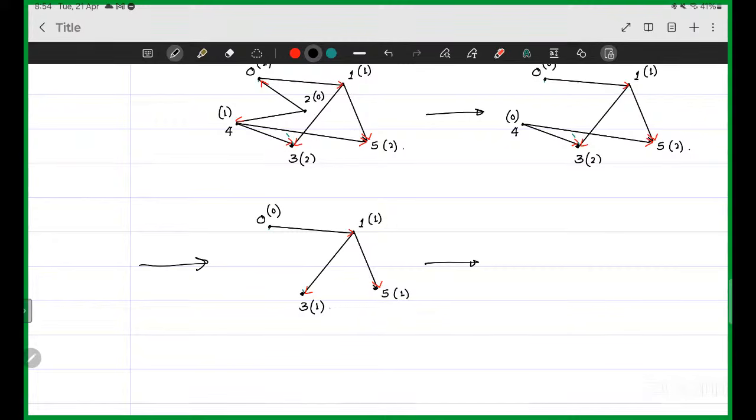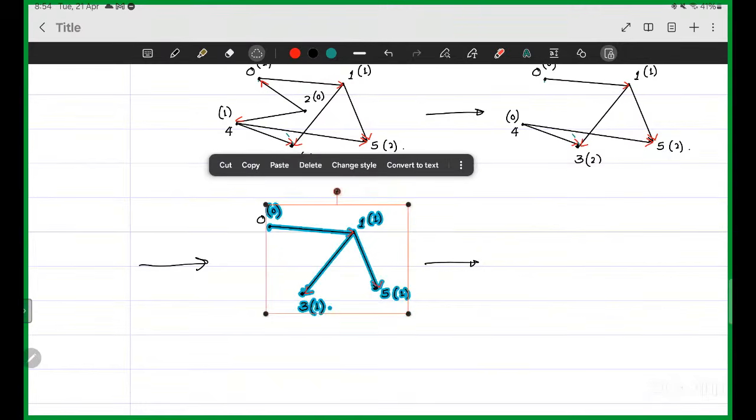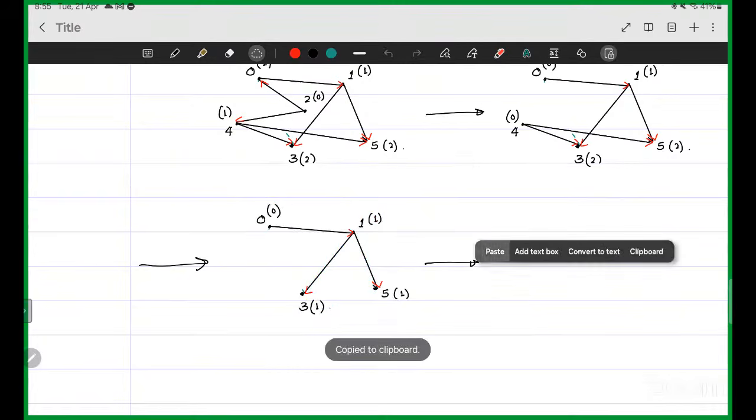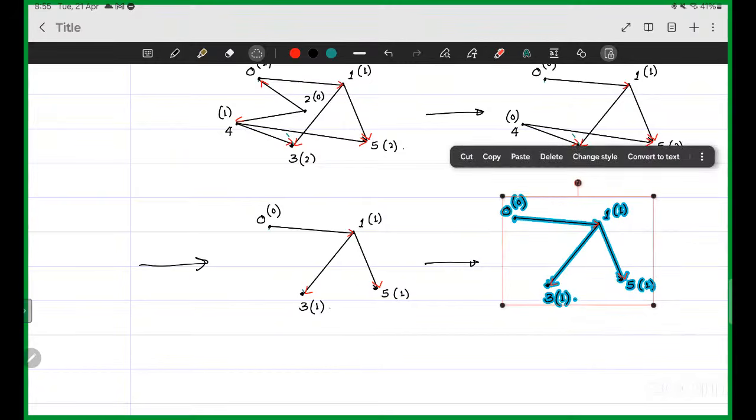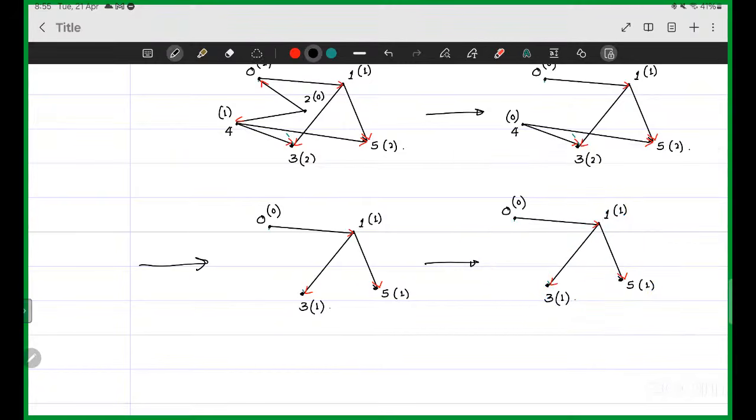And then this one will become, right. For this one, there's only one vertex that can be removed, which is 0, which will make this in degree 0. And then I'll remove this. I'll be left with 3, 0 and 5, 0. I'm skipping a few steps because by now you know what's happening. Now I can remove these two in any order that I want.